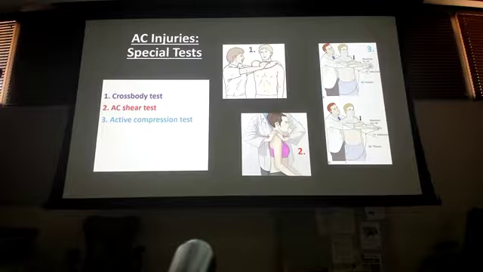But the biggest component of this is taking away that active compression. Because I will tell you this, and this is the way it's taught. The biggest thing about the active compression test is that if the patient has pain with a thumb down or with maximal active compression, but no pain with thumbs up, is that a positive finding for, let's say, a labral tear?